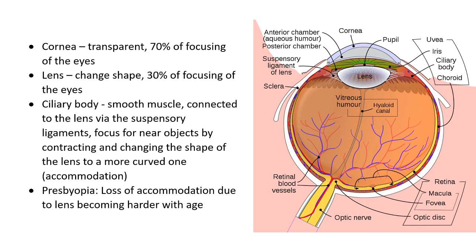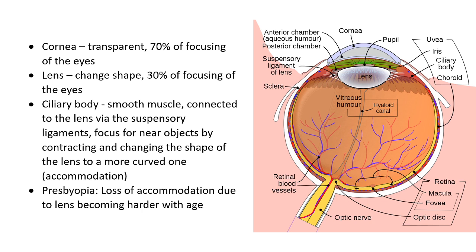It does this by contracting and changing the shape of the lens to a more curved one. When the eye needs to focus for distance, the ciliary muscle relaxes. This increases the tension in the suspensory ligaments and thus the lens flattens. This is called accommodation.